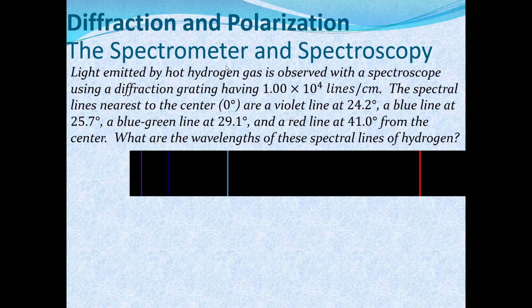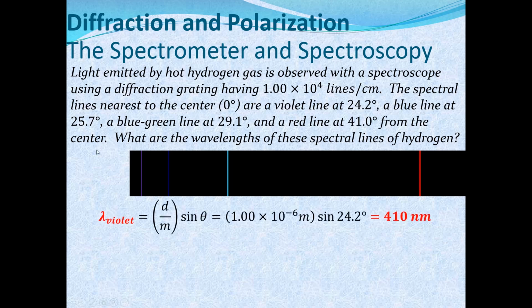All right, so all we have to do is plug and chug into the equation. We have all the numbers here. So, yeah, that's pretty much it. For the violet light, we get 410 nanometers.